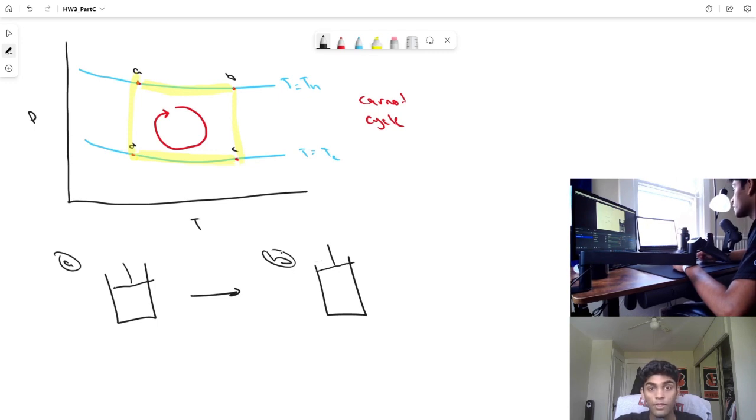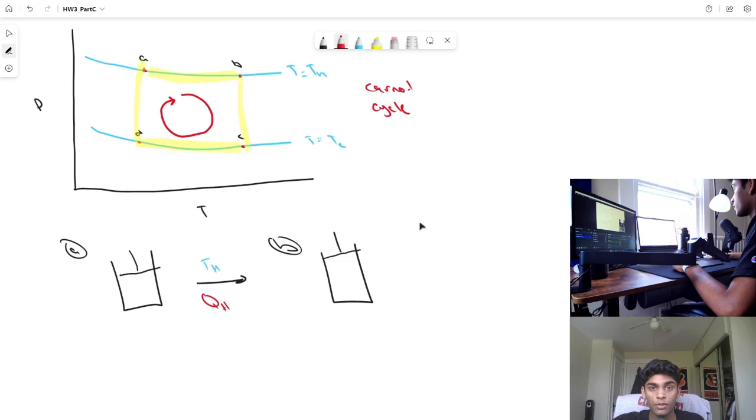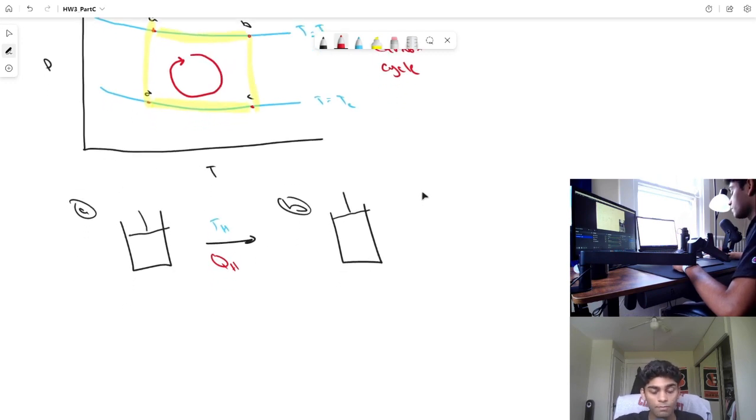We had already stated beforehand that from point A to point B, it's an isothermal curve. So there's only one temperature, and that is the hotter, higher temperature. And so we can also define the heat added as QH, just for ease.